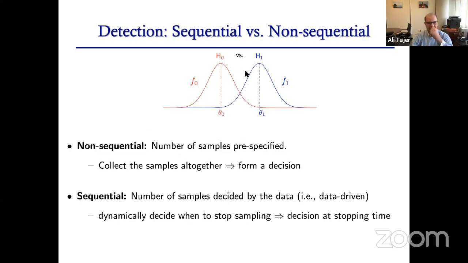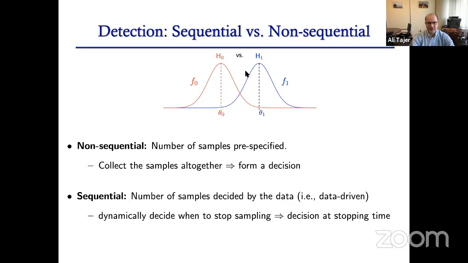All right, sequential detection. So let's establish what sequential detection is first. Consider a simple hypothesis testing. Under hypotheses H0 and H1, we have two different models for the data. In a non-sequential way for this hypothesis testing, generally what we do is that we set a target for the decision reliability.